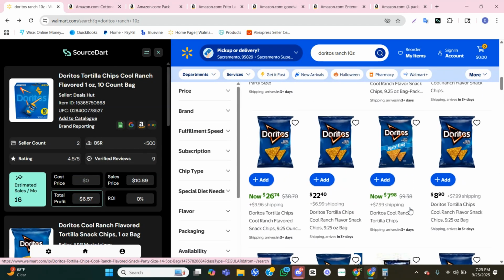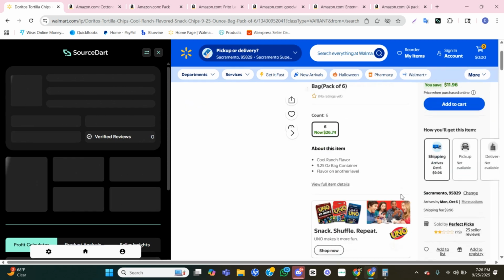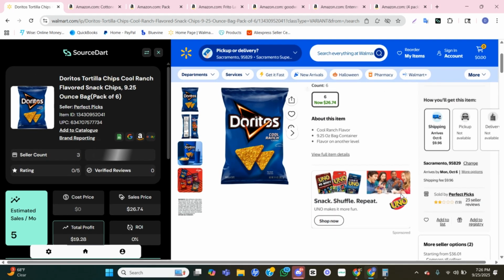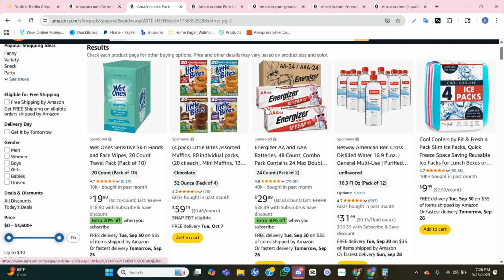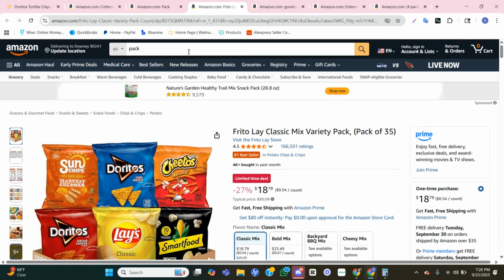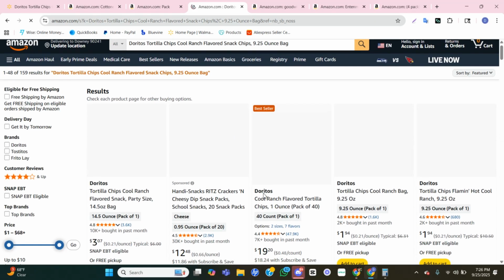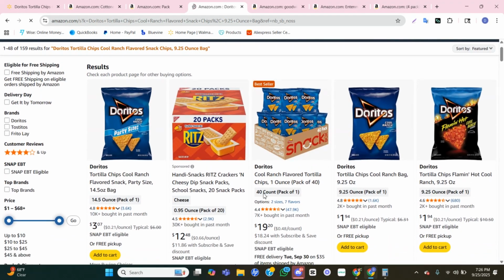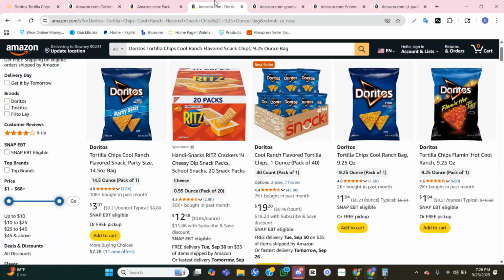Let's see another, like this 92 ounce. This looks like a good product. Party size, is this a party size?